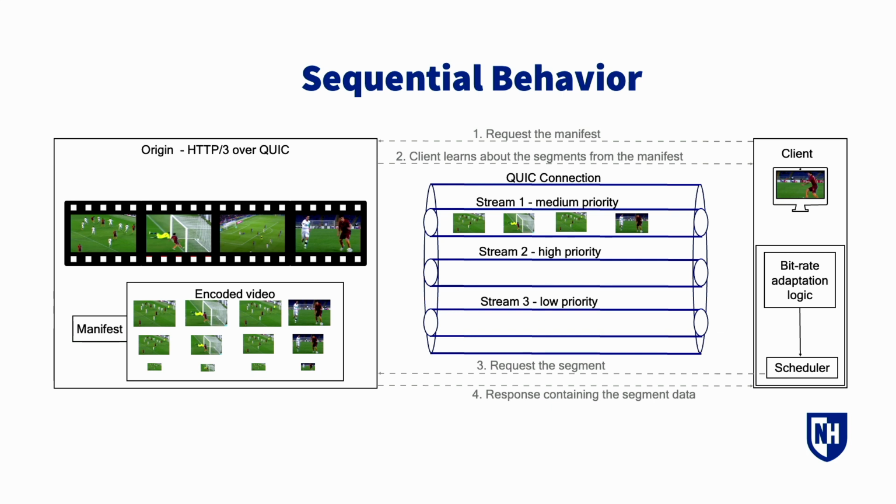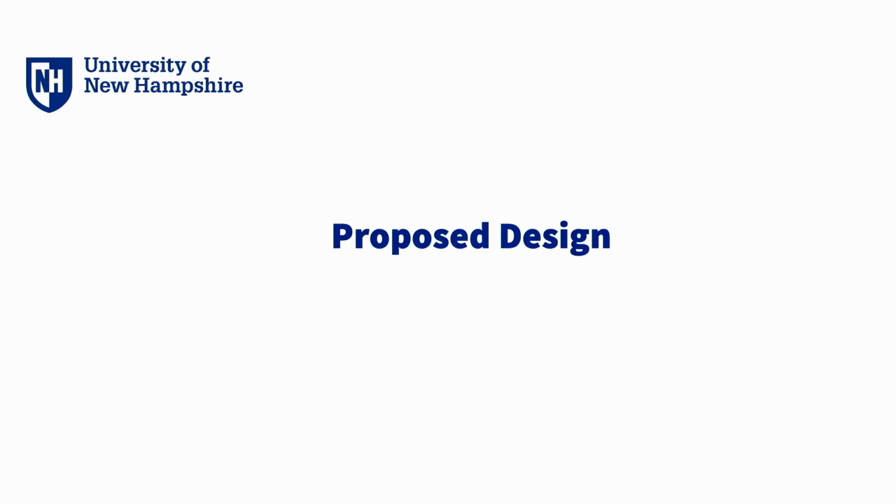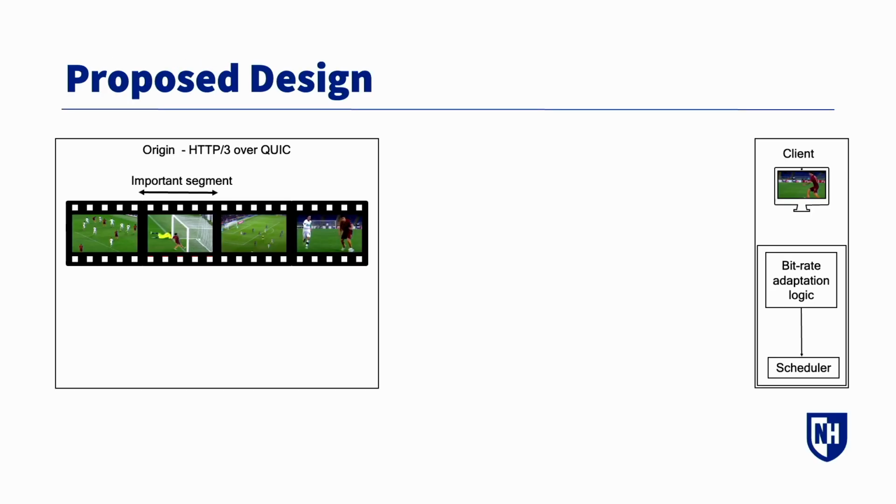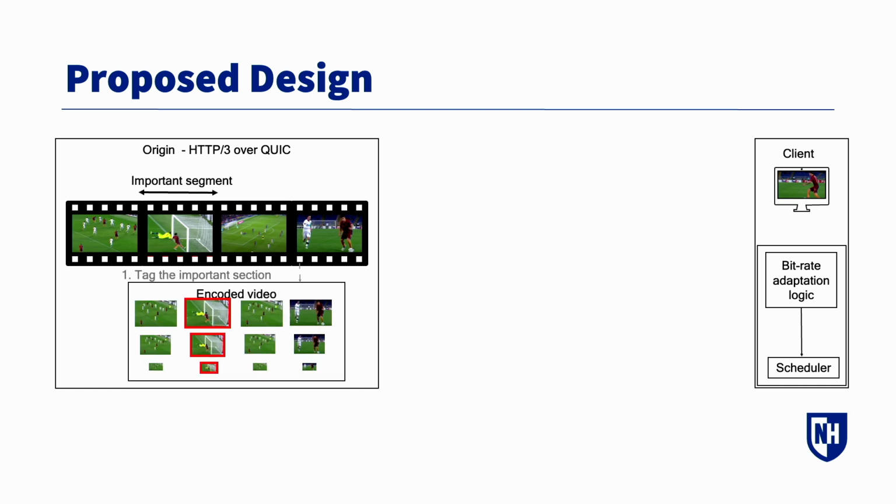So what we are proposing here is, what if we find the important segment, and send it over the prioritized scheme? Right now, on the origin, which supports HTTP/3 over QUIC, we are going to identify the important segments, and after that, we are going to tag them.